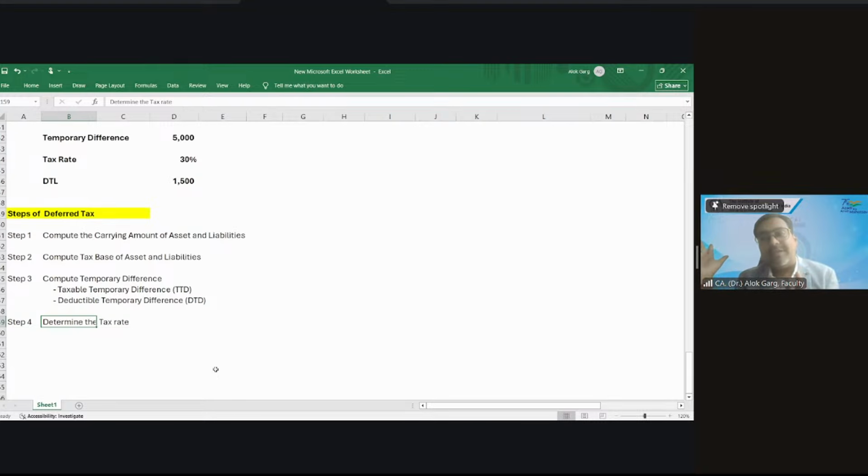Like in the depreciation concept, you claimed 10,000 in your accounting books, whereas you claimed 15,000 in your tax books, so you claimed more depreciation and paid less tax. The future tax will be on the basis of the future tax rate, so both the savings and the liability will be as per the future tax rate.